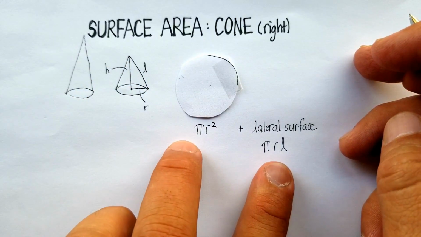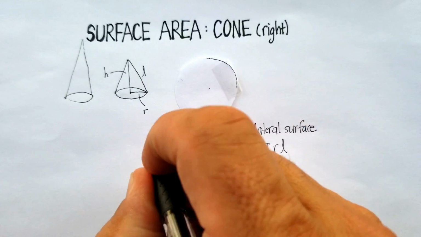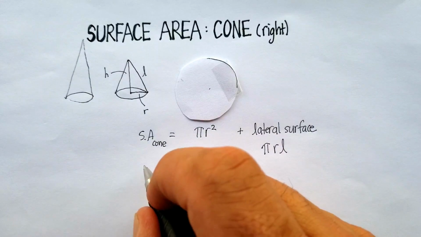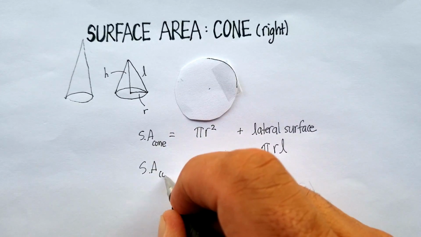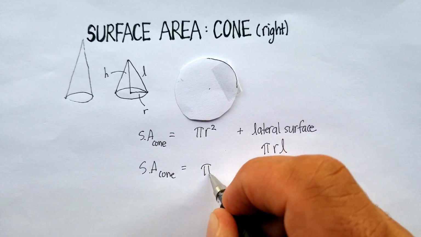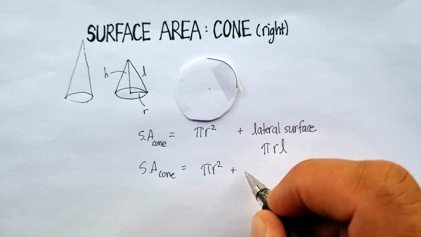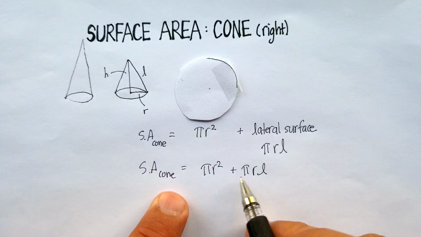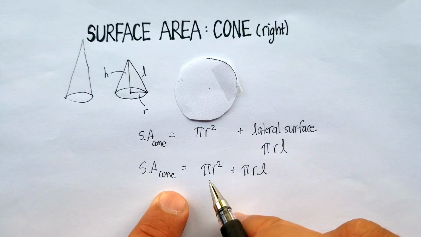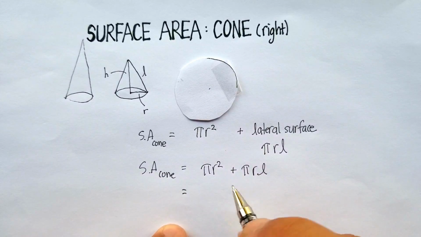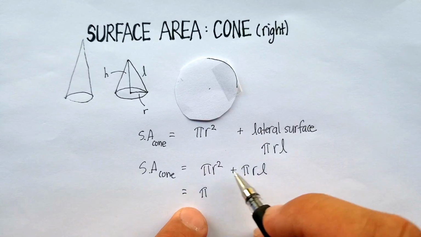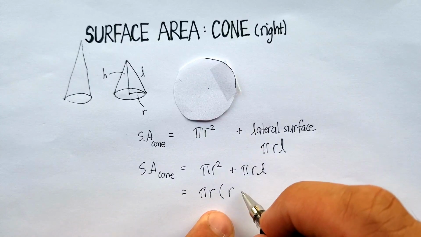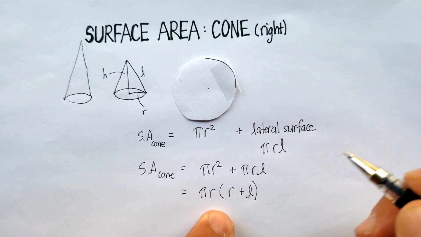So if we were to add these two together, we would get the surface area of a cone, and it would be pi r squared plus pi r L. Now, if we were to take out the common factors in each of these two terms, you see that pi is common, you see that r is common, and I would be left with r plus L.